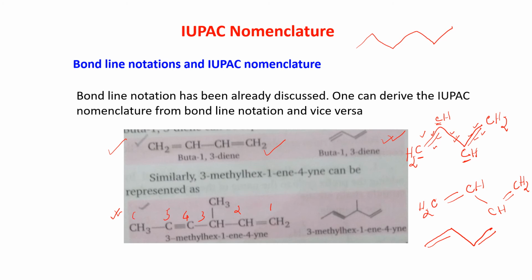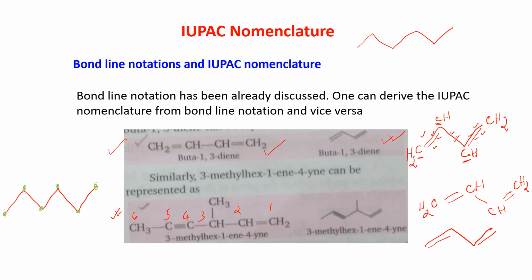So there are 6 carbon atoms. The structure will be 1, 2, 3, 4, 5, 6. The carbon atoms are represented here, 1, 1, 1, 1, 1, and 1.